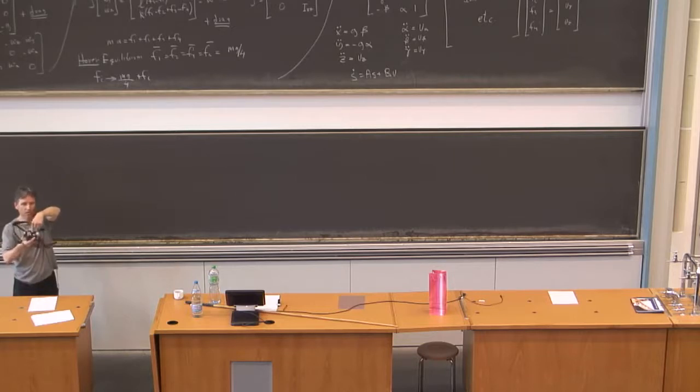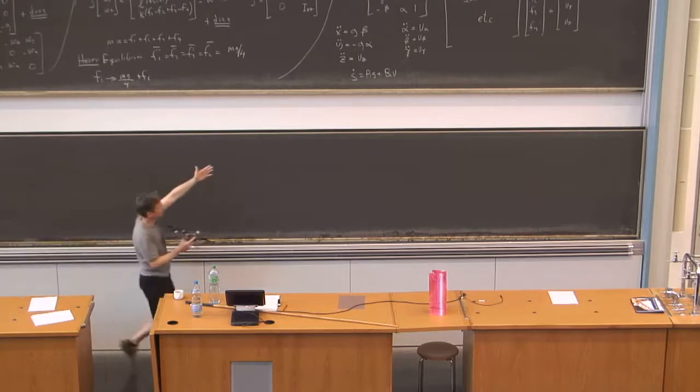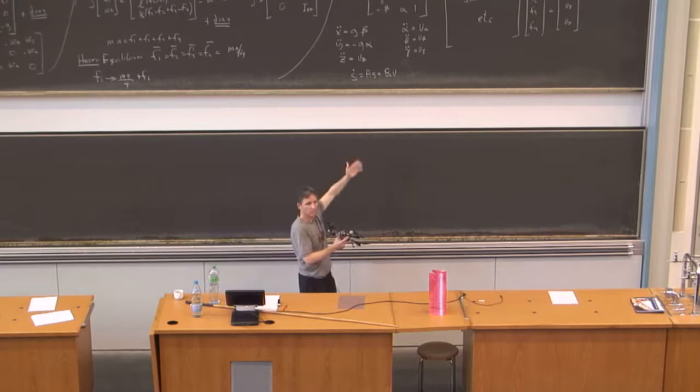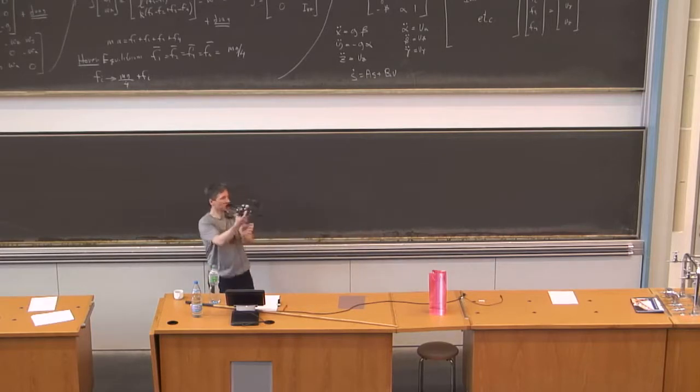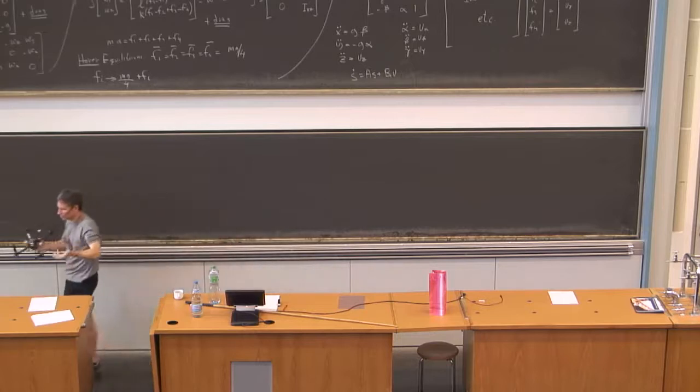The actual yaw of the vehicle doesn't really matter. As long as the normal is pointing to where I want it to go, then I can fly it. So really this yaw, and in fact we saw from these equations, this yaw is just this extra thing that is just there. Of course, it's useful if you have a camera and you want to point it at people, but in terms of flying, this yaw is kind of redundant. It's not really necessary. So that's the first thing I want to state.